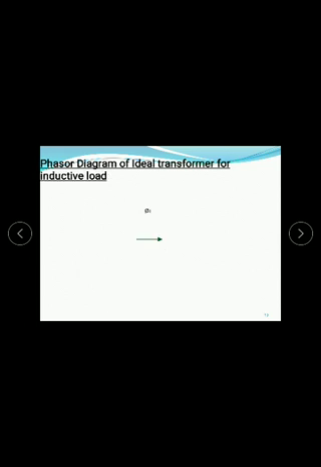Now the inductive load. See here, the flux is the reference. Here E2 and I2: the current is lagging by phi2 degrees with respect to E2. So this is for inductive load. Then when I2 is lagging, project this one which gives the I2 dash.